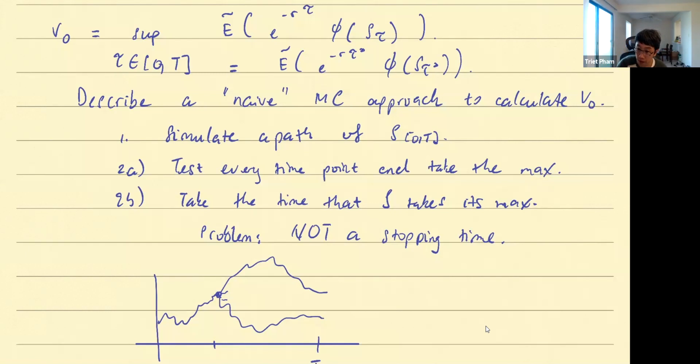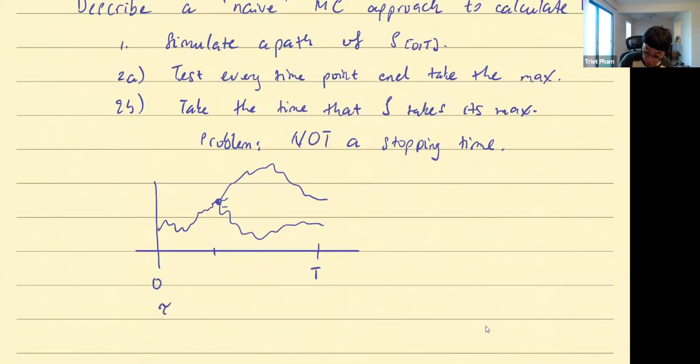In other words, there could be a time like this. There could be the first time that the stock goes above 105, the first time it crosses some barrier. That's a legit time. Now, if I were to consider, for example, let's say tau is the first time that the stock hits 105, then what do I have to do?